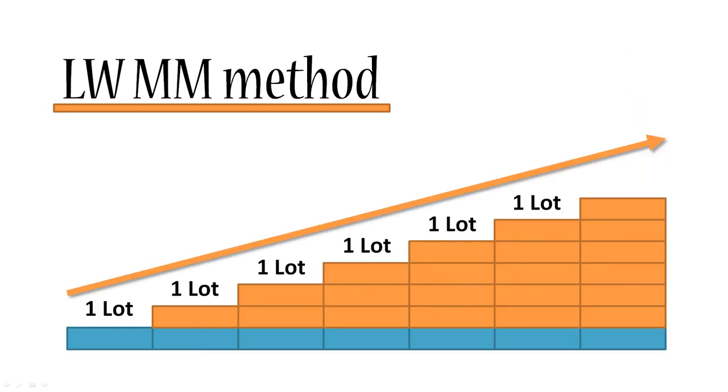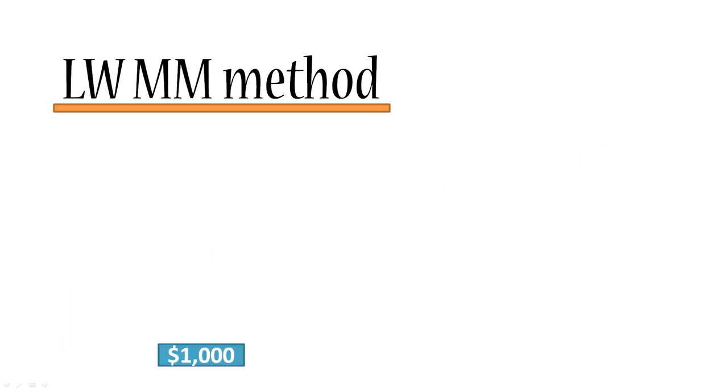Now this is the chart that we're familiar with from the previous section when we talked about the constant lot money management method. Let's construct a similar chart, but for the Larry Williams money management method. Let's start off by assuming that we have $1,000 on our account, which is represented by this blue block in the bottom left corner.